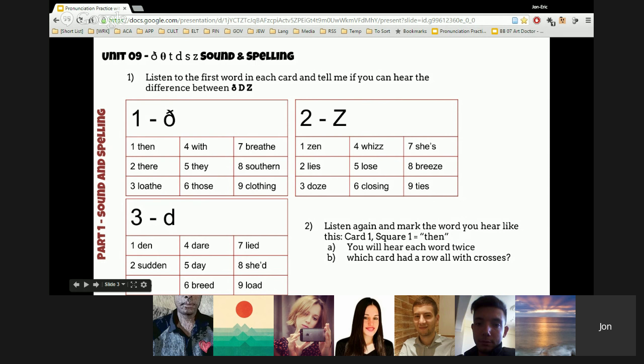So basically, I wanted you just to hear these words, and I wanted you to see. And I read all of them in card 3, didn't I? I think I got all of the words in card 3. But you're right, the third row. So, here's the deal.